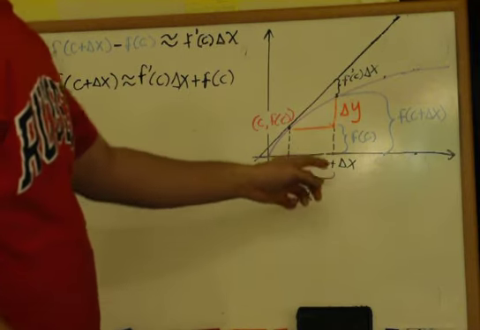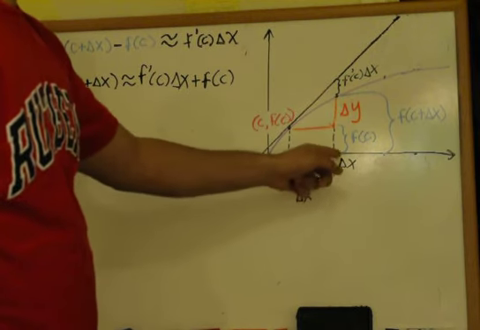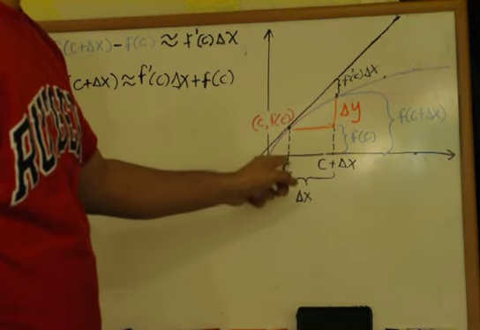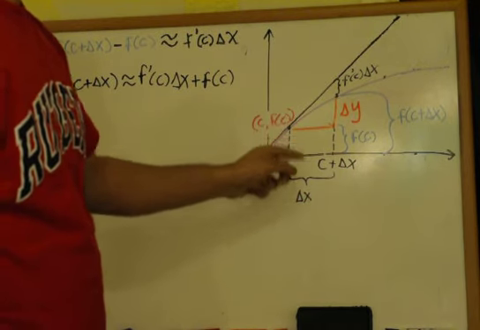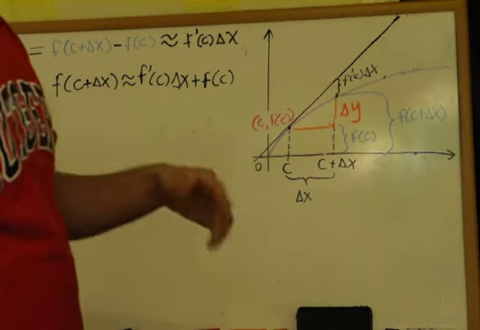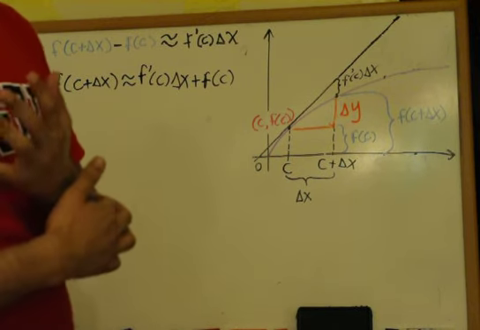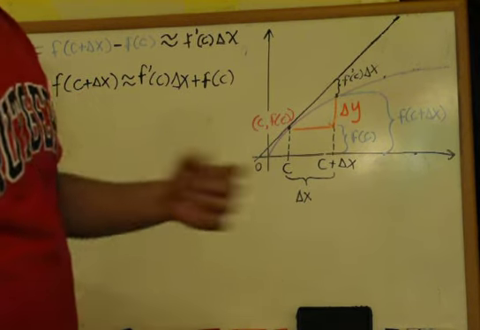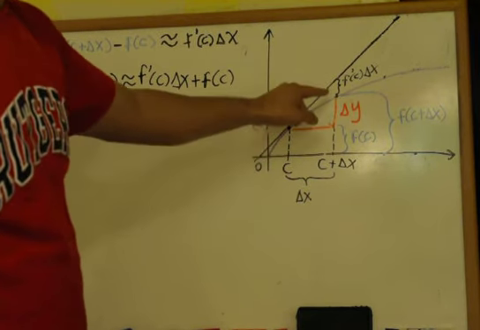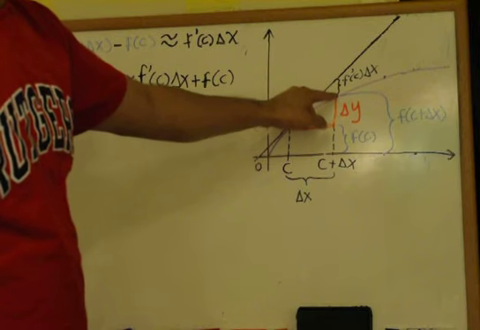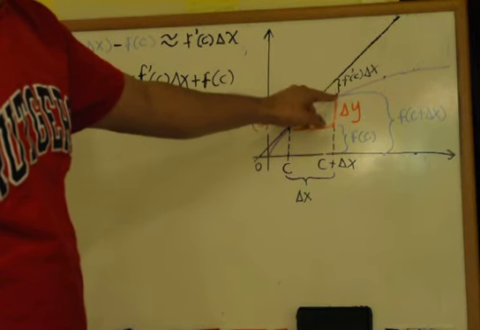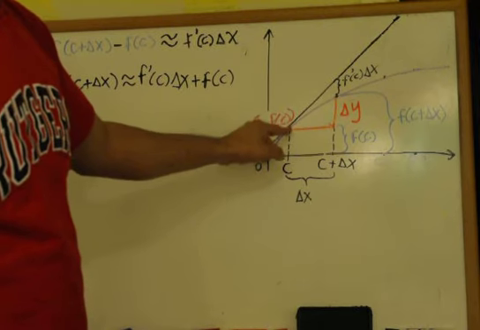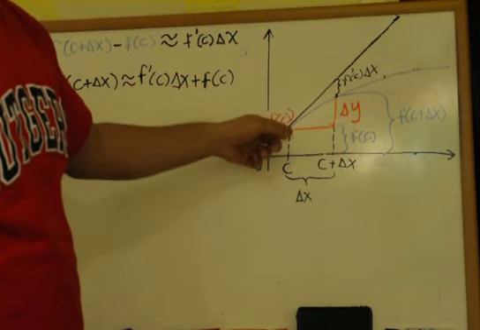So this point here represents an easier function value that we know how to calculate. Now we want to see the difference between the actual function value and the function value we chose that's easier.